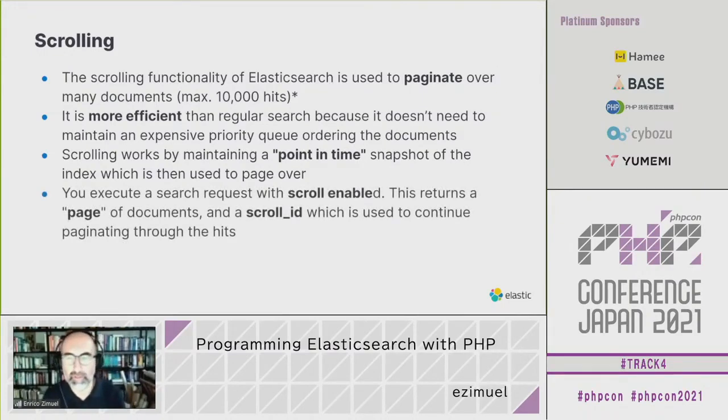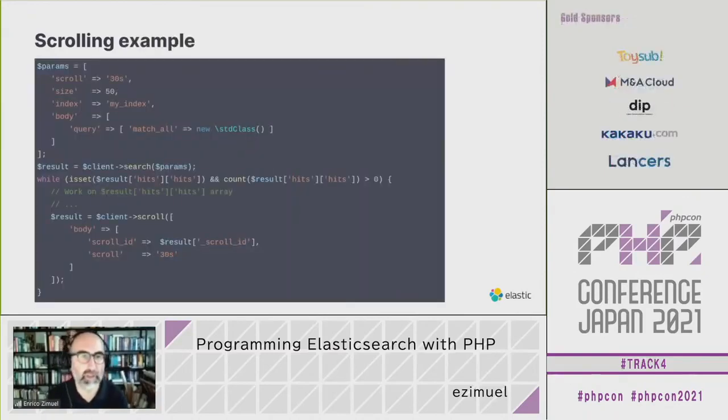So just focus on the example, maybe you can understand better. Again, we want to search information in Elasticsearch. We need to use the search endpoint. You have to provide additional parameters, that are the scroll, in this case 30 seconds.